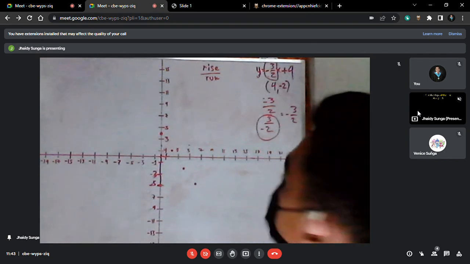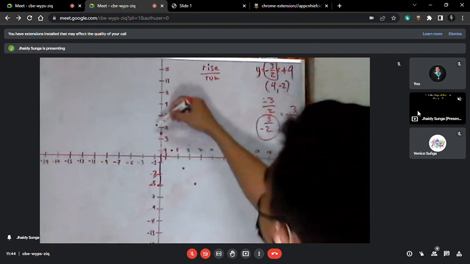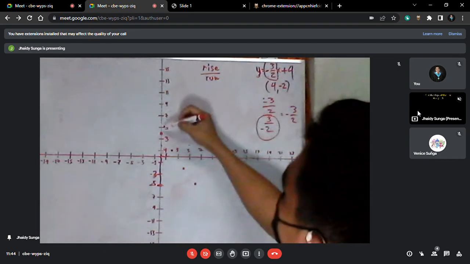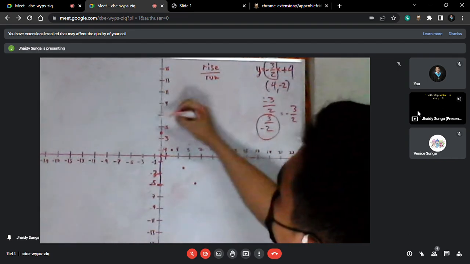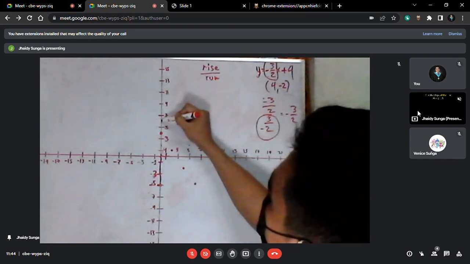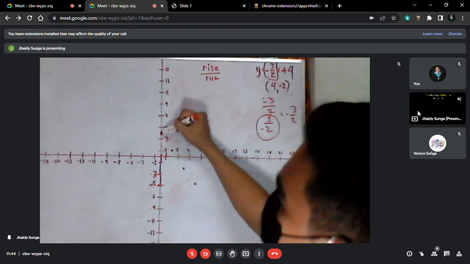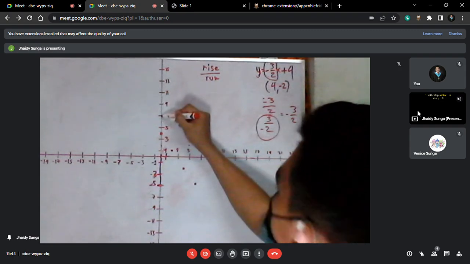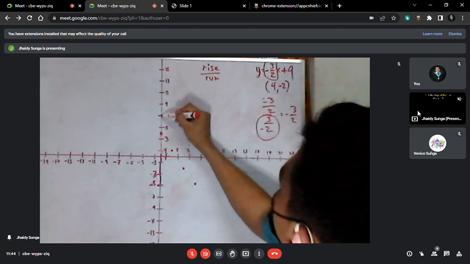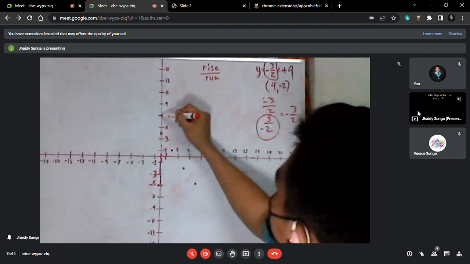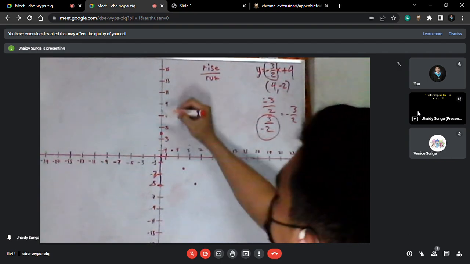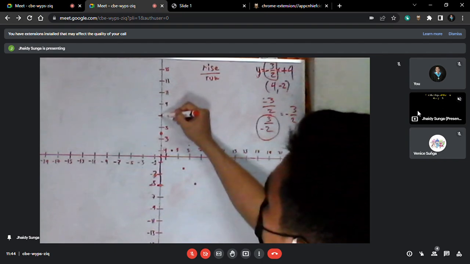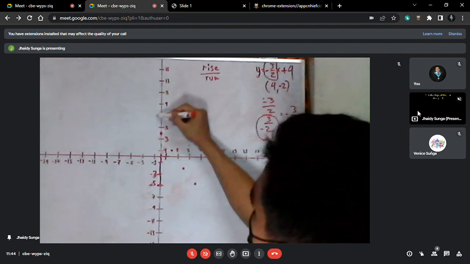If you're going to try that one, positive 3, we rise up because it is positive. So we rise up 1, 2, 3, again from the point. Then we go run. Forward or backward? It is backward because it is negative. So 1, 2, 3, backwards, 2 steps: 1, 2.